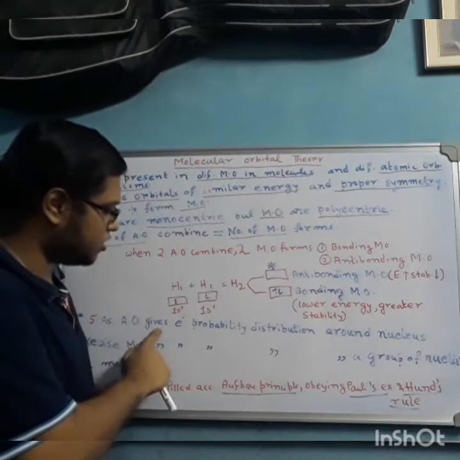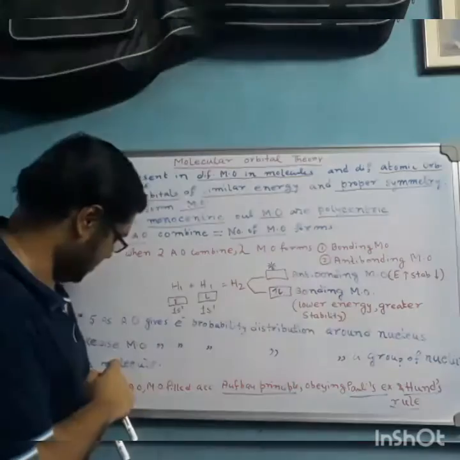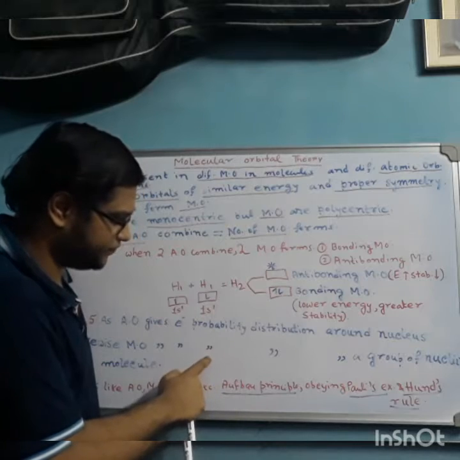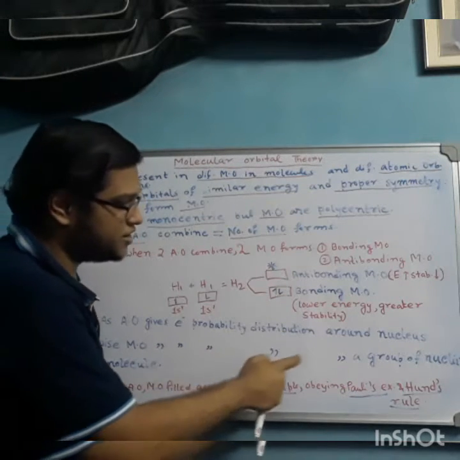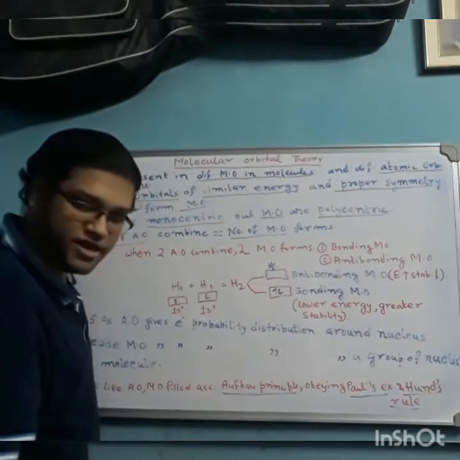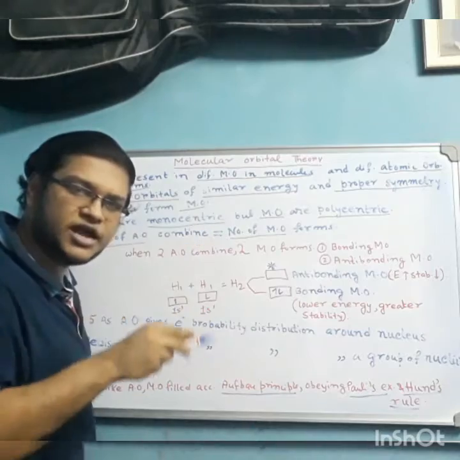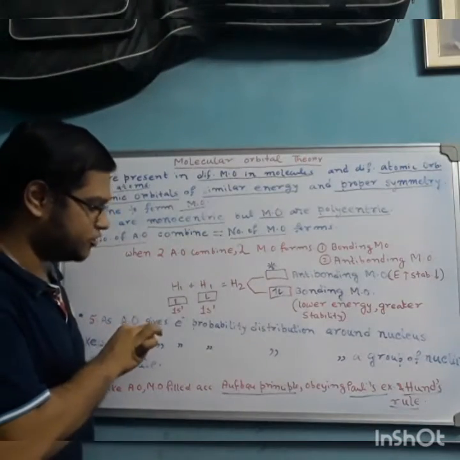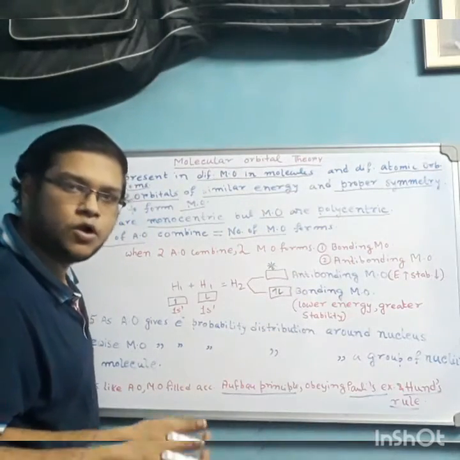Next, as an atomic orbital gives the electron probability distribution around a nucleus, likewise a molecular orbital gives the electron probability distribution around a group of nuclei. That means in the case of an atom, electrons revolve around a single nucleus. What are orbitals?